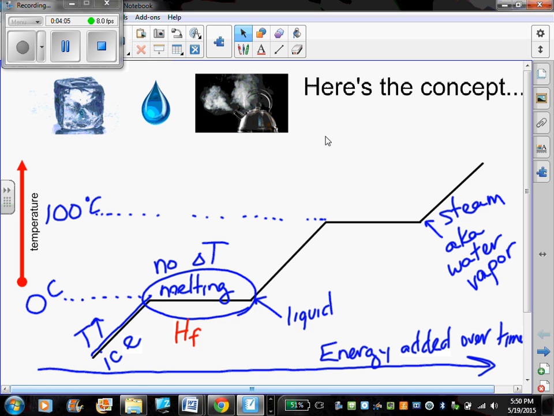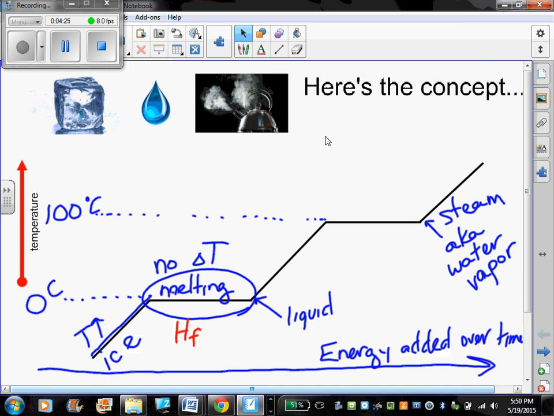So it's a capital H with a small f, and I want you to have that in your notes. For right now, know that this is kind of where the heat of fusion is going to be on our heat curve, but in the next couple slides, we're going to go into what exactly that means.